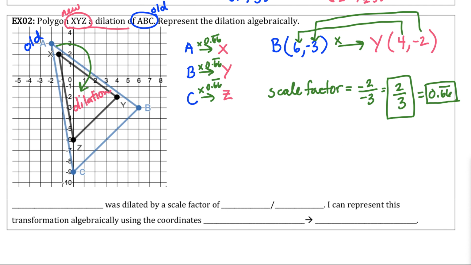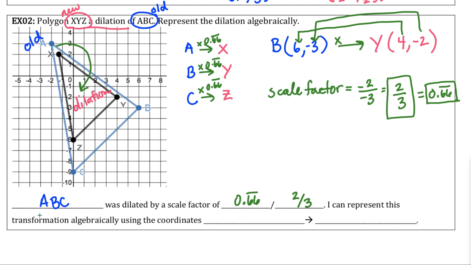So that means my original one, my pre-image, which was ABC, was dilated by a scale factor of 0.66 repeating, which is 2/3.